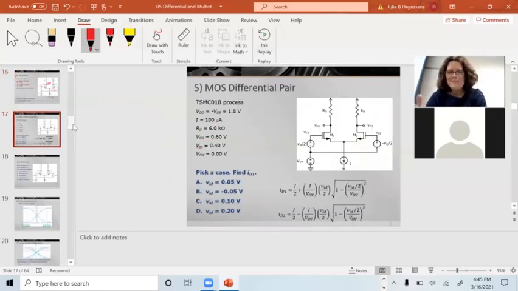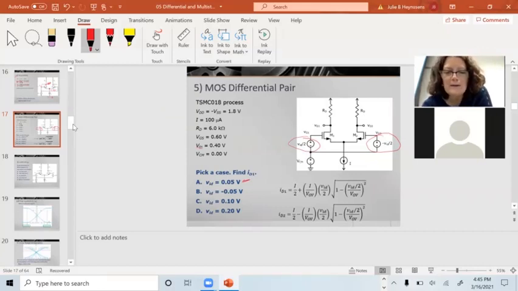This is what happens, and this was like the next slide too. Good point, good place to do that. If I take this VN differential and make it a really small value, small enough so that this isn't going to saturate, like 50 millivolts, I put in a VN differential. What's going to happen?